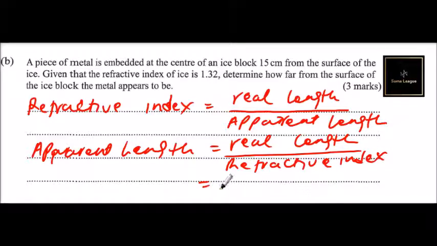The real length is 15 and the refractive index we have been given is 1.32. Using your calculator, this gives 11.36 centimeters. So that is how far the metal appears to be from the surface of the ice block. So that's how you work that out.